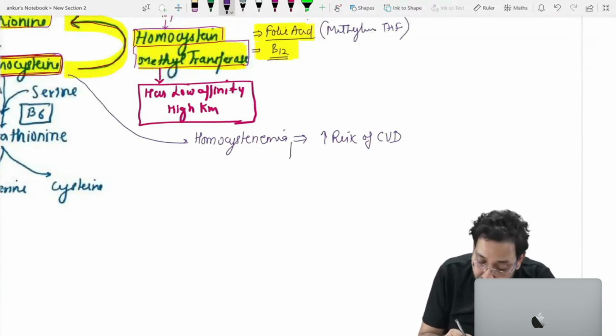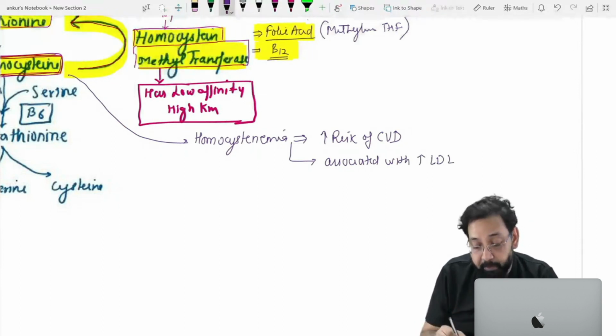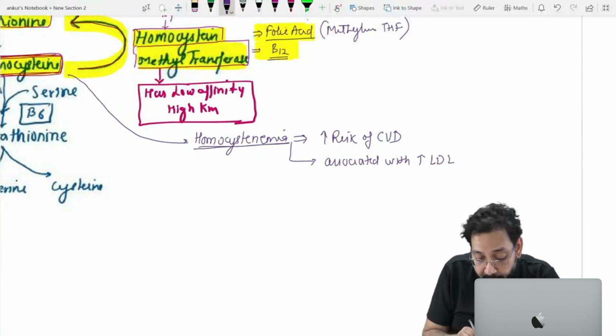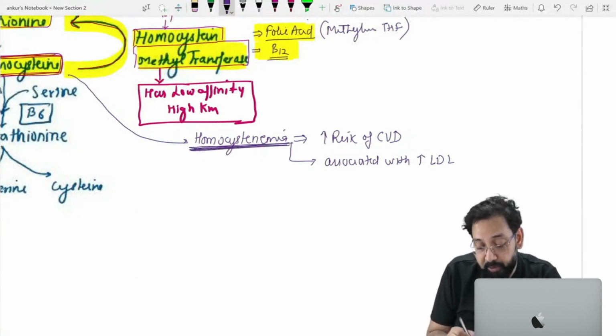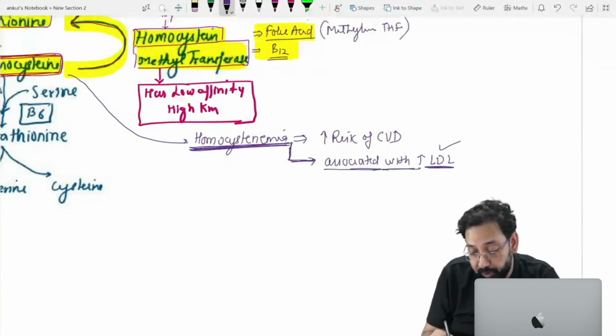We found that homocysteinemia is associated with increased LDL. I use the word associated because whenever a patient has homocysteinemia, it predisposes to increased LDL level; it has some association.